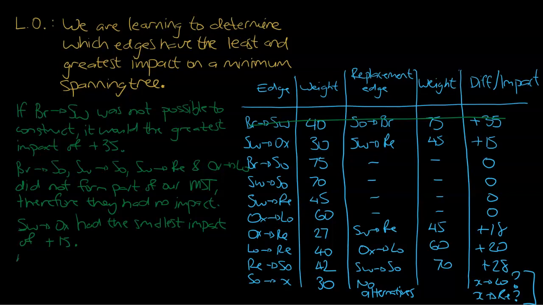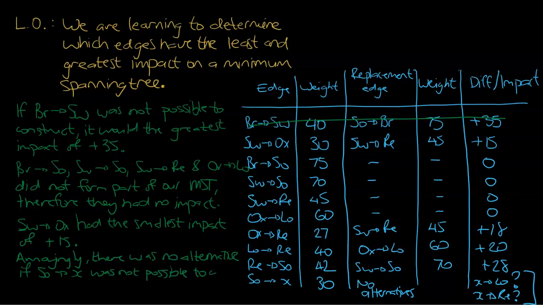So we're going to say, annoyingly, there was no alternative if Southampton to X was not possible to construct.